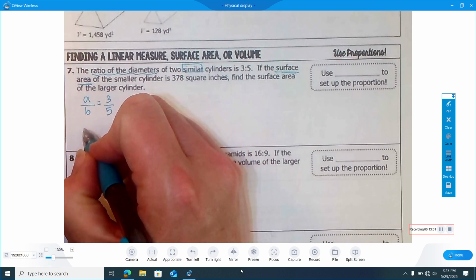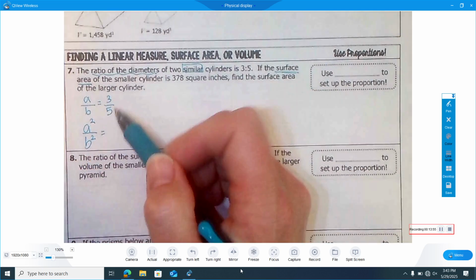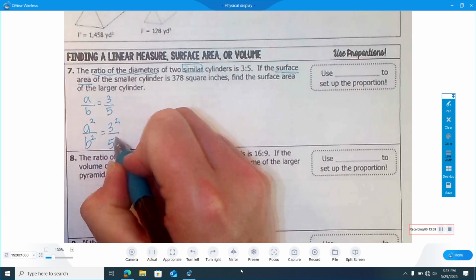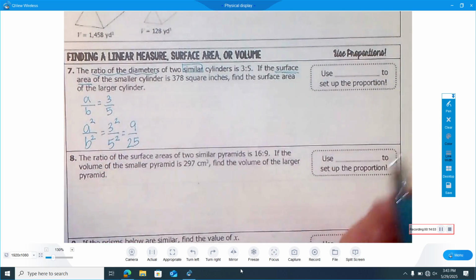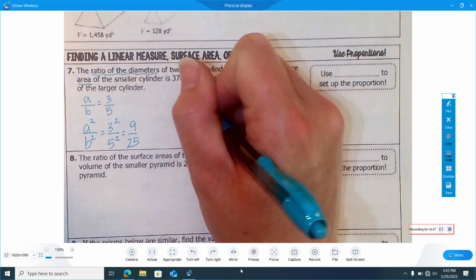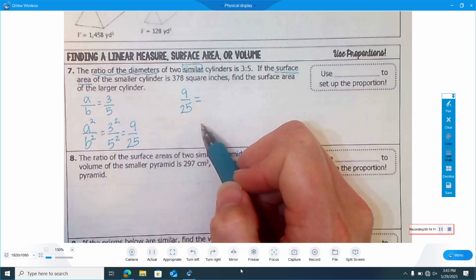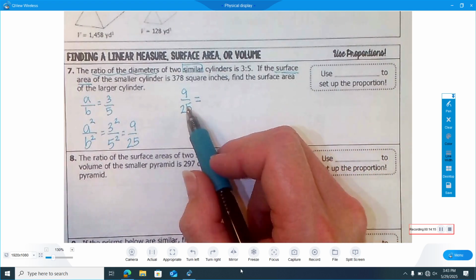So for surface area, I'm going to use a squared over b squared. So I'm going to take my 3 and square it, and take my b of 5 and square that. That's going to be 9 over 25. So this is the scale factor for surface area. So 9 over 25 is the ratio of their areas.